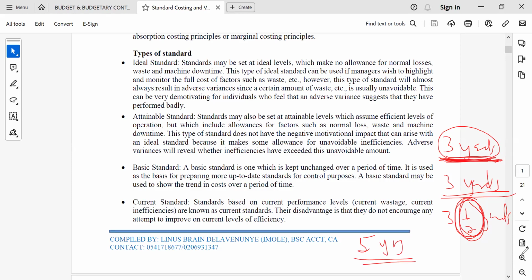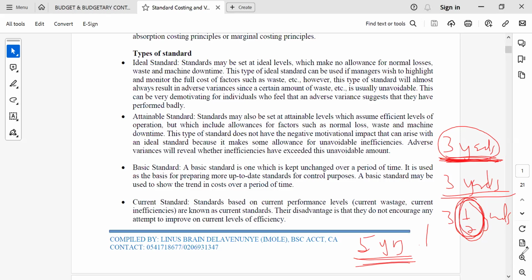Someone can also say it's a fixed standard. It's a standard that you set, and there will not be any revision to it. So maybe you set a standard for 1 year, there will not be any revision throughout the year, although conditions or situations or a lot of things will be popping up, you are still keeping that particular standard. That's what we call a basic standard.